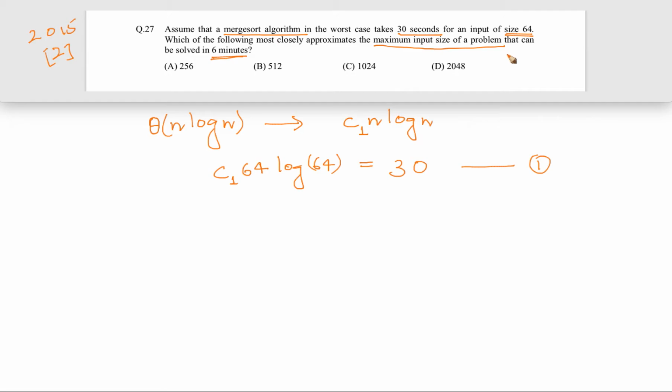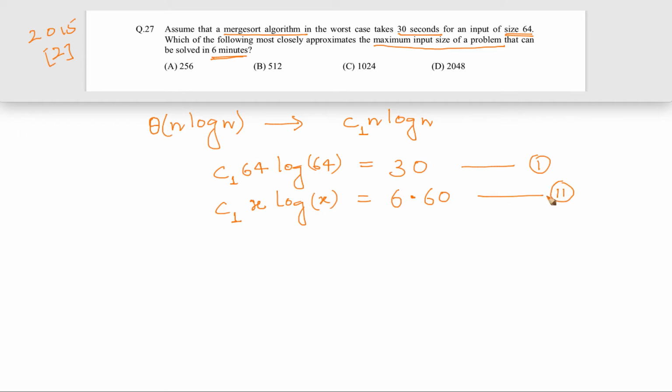The second equation is c1 into, now we don't know the size, let that size which we have to find be x. So x is the size which we have to find, so x log x, and that is going to be 6 minutes. In the above equation 30 is in seconds, so 6 also we will convert into seconds, which means 6 into 60. So this is equation number 2.